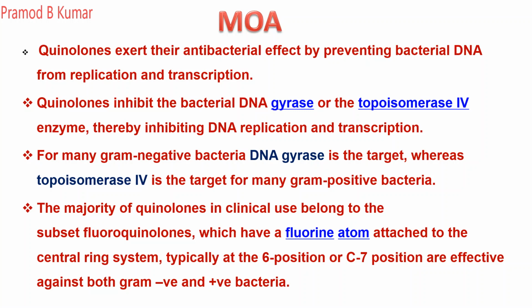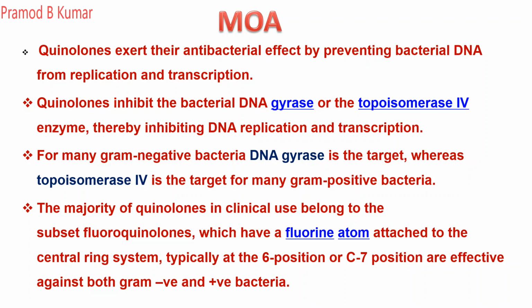So quinolones inhibit, as I mentioned, bacterial DNA gyrase or topoisomerase 4 enzyme, thereby inhibiting DNA replication and transcription. For many gram-negative bacteria, DNA gyrase is the target, whereas topoisomerase 4 is the target for gram-positive bacteria.